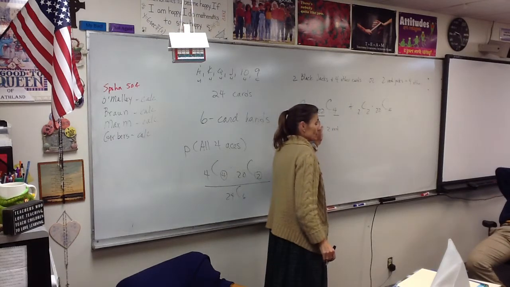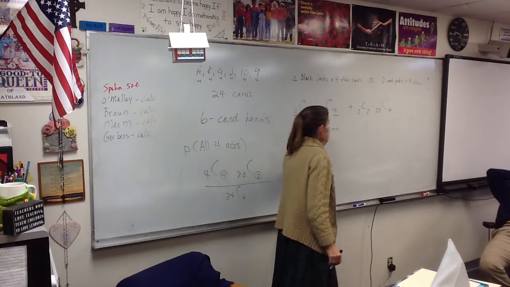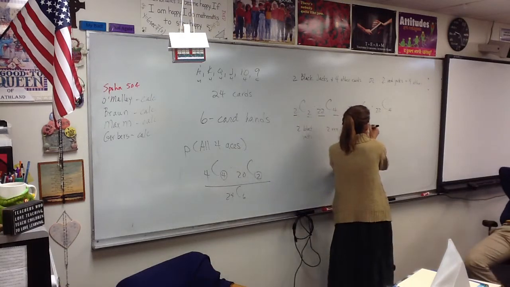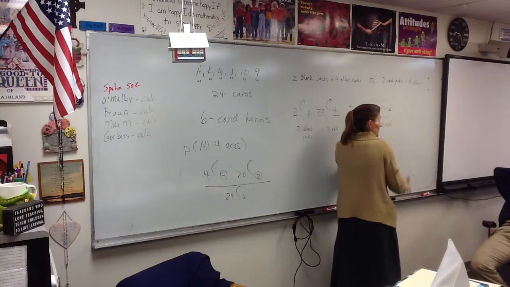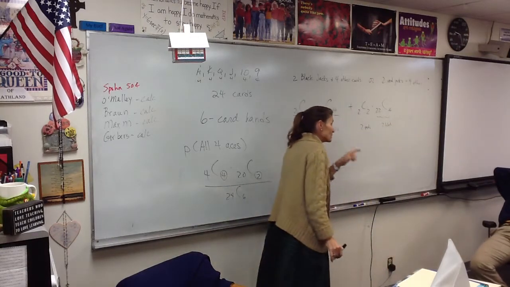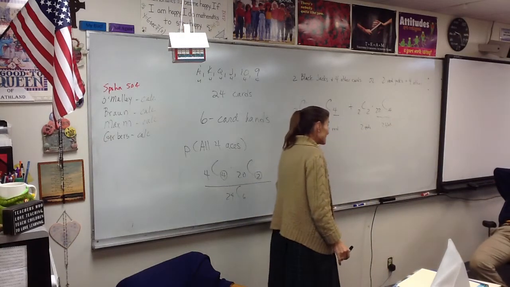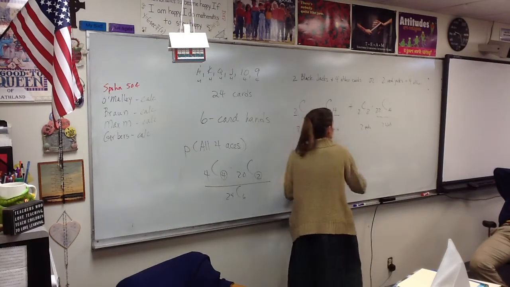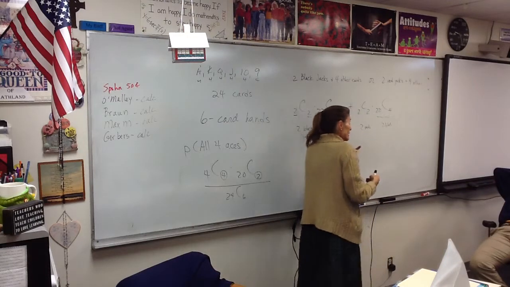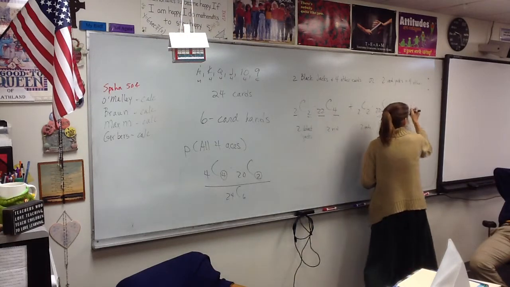Yes. Okay. Over here, this is the 2 reds. Could this also include the 2 blacks? Yeah. So I have actually counted that situation twice. This is 2 black, 2 red, could include it. This could include 2 black, 2 red. So now I need to subtract that probability out.